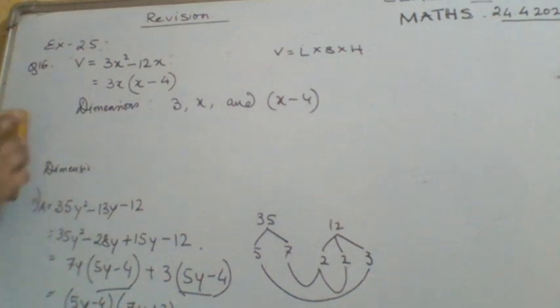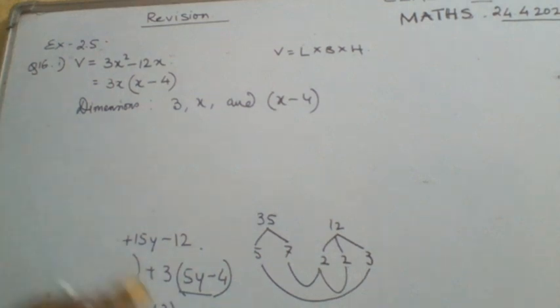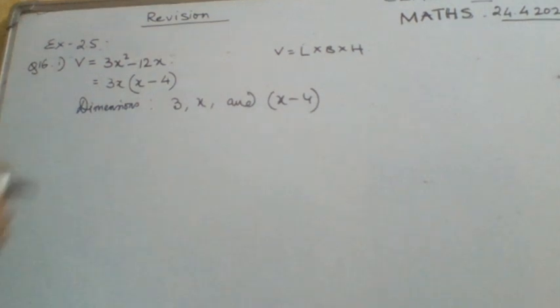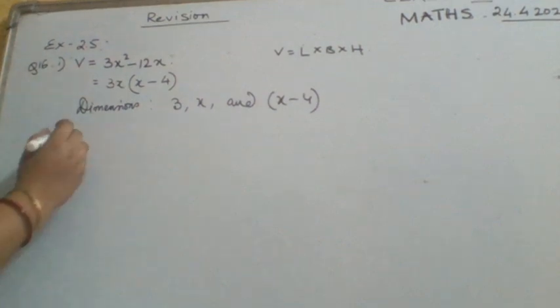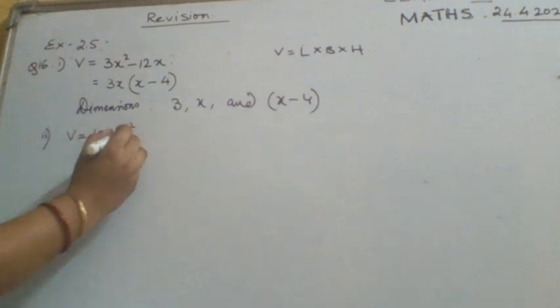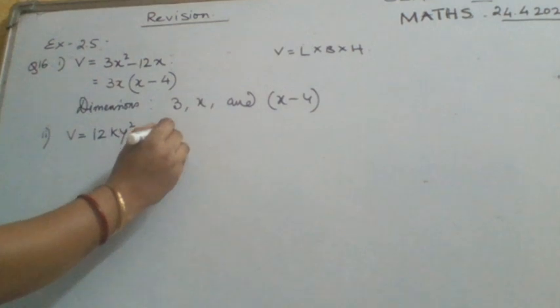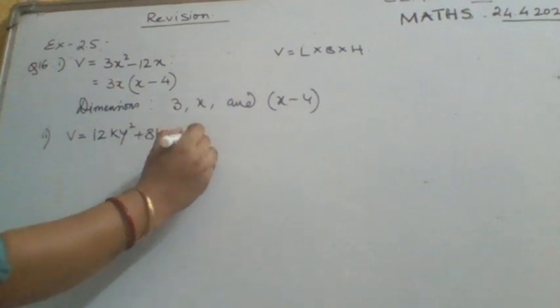Now this is the first part of question number 16. Please note it down. Then the second part of question number 16. Volume is given to you as 12ky square plus 8ky minus 20k.